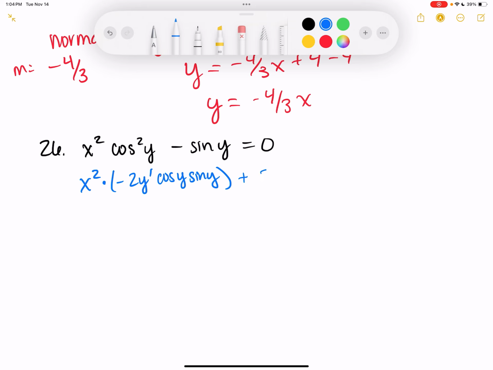Plus 2x times cosine squared y. And then minus cosine y prime equals 0.